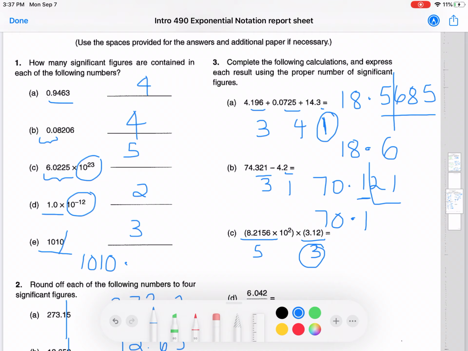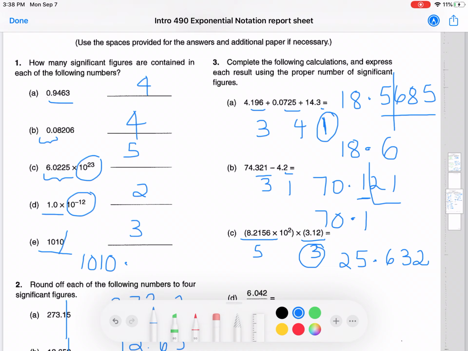So 8.2156 times 3.12, that is like 25.632.